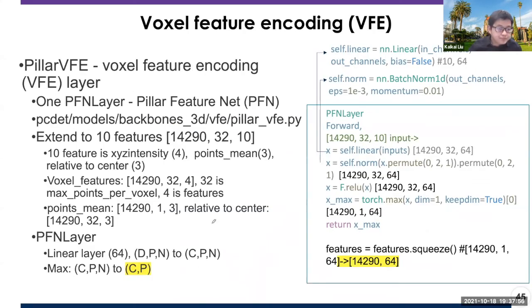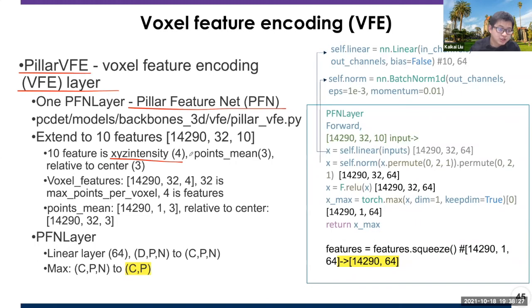That's the first step in the pillar VFE, the voxel feature encoding layer. The voxel feature encoding layer has one pillar feature net, one PFN layer. Previously the input feature had 4 features: X, Y, Z, and the intensity.